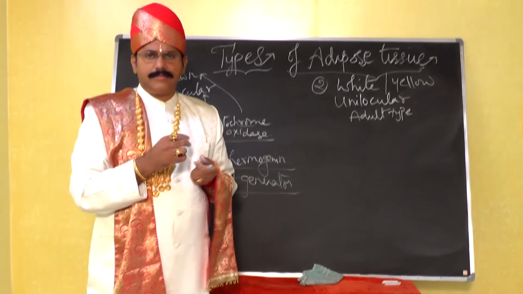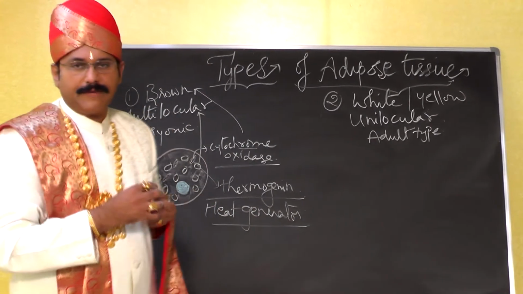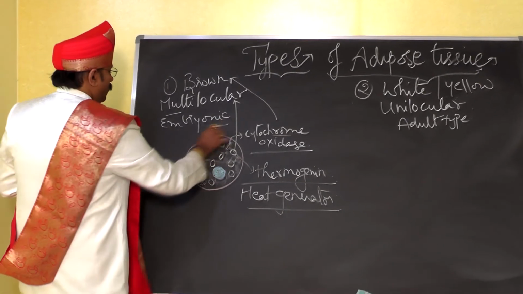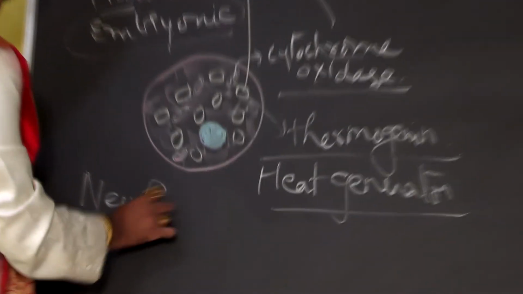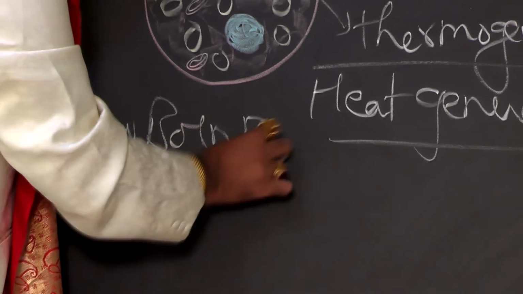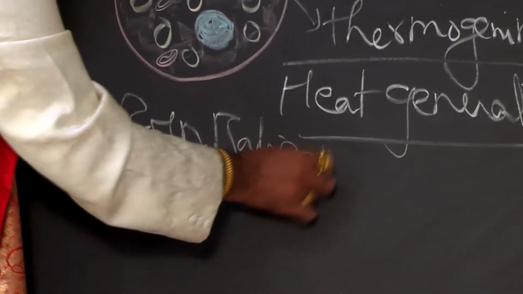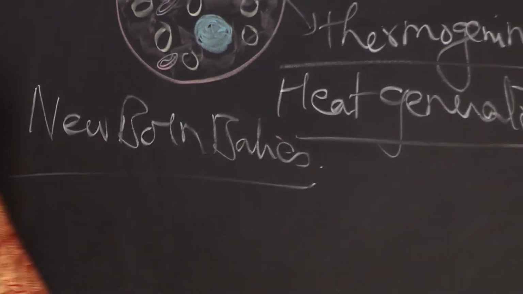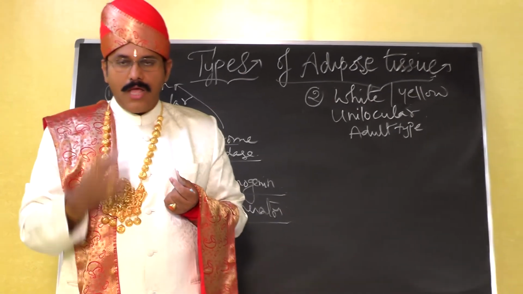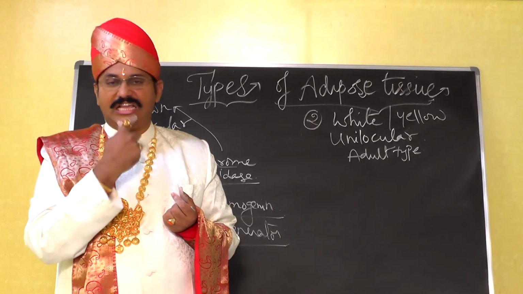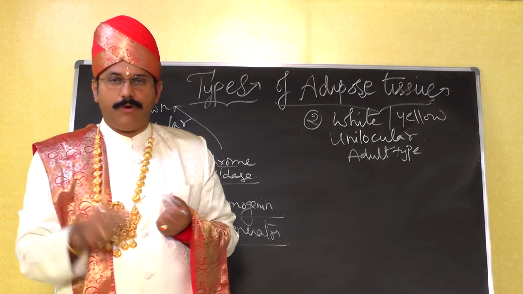In whom do you think this brown fat is present? One more name is embryonic, so it is seen in newborn babies. Here we have a lot of brown fat. The baby suckles its mother's milk. How is it able to suckle? There are no teeth in the mouth of a newborn baby.